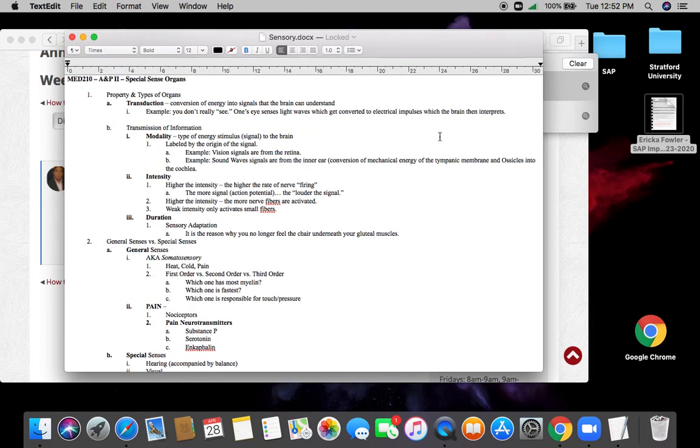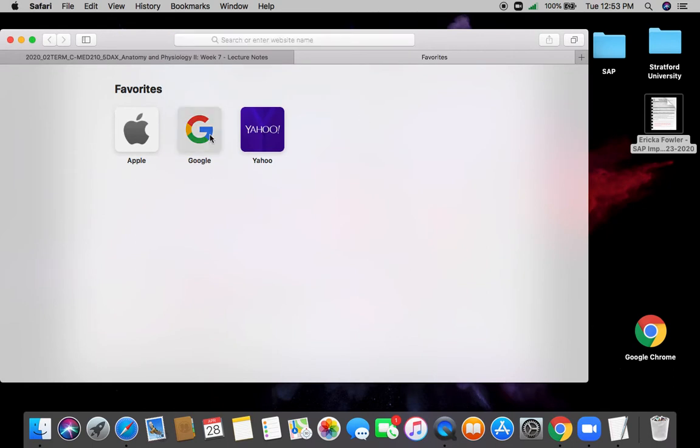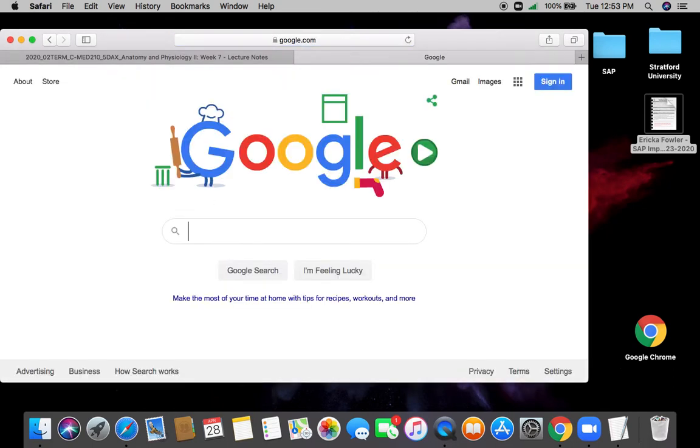But I'm just going to go over some items that will tie all of this together. So when we're thinking of sensory, let's look at homeostasis for a second.